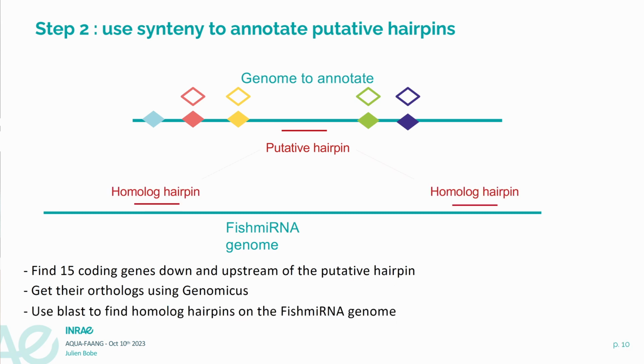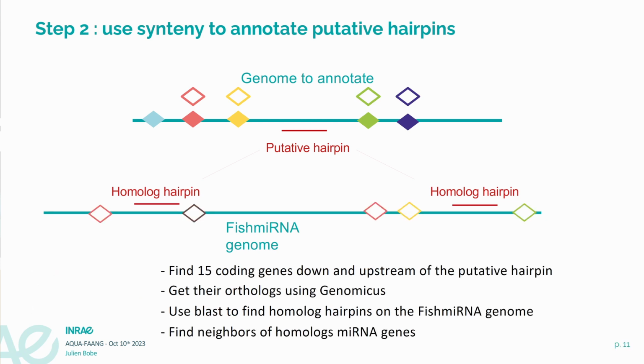Then we blast the hairpin against the other genomes and find putative homolog hairpins, putative orthologs. Then we find the neighboring genes and see if they are orthologs of the neighboring genes of the putative hairpin. It's super simple, really, nothing tricky.